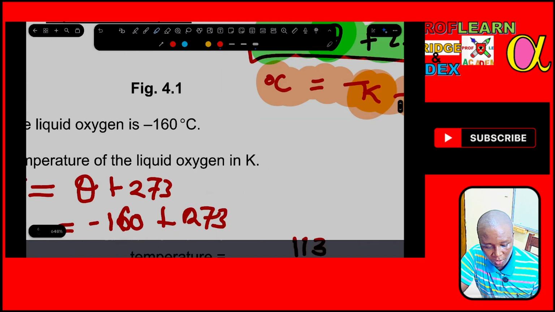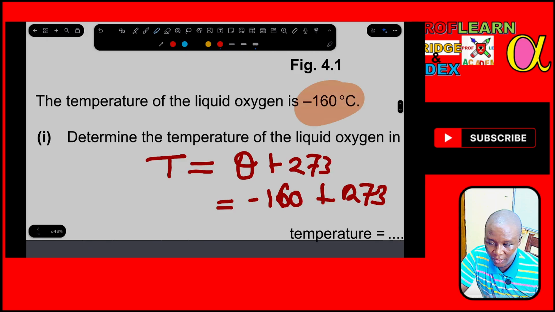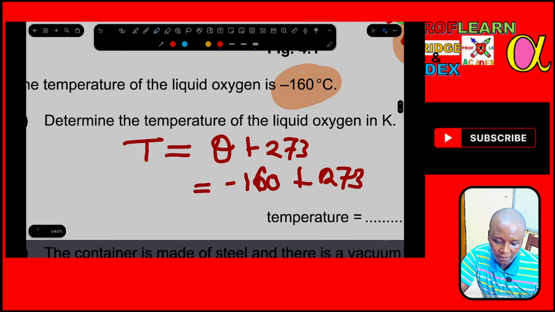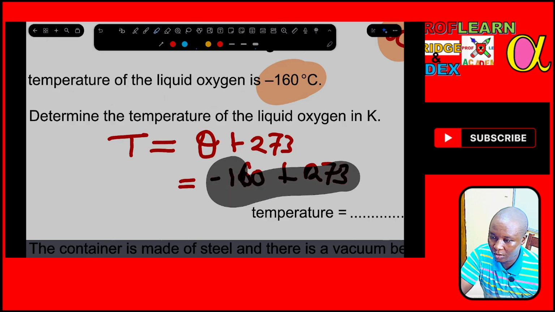So in this question, candidates were given a temperature of negative 60 and asked to determine the temperature in Kelvin. It will be negative 60 plus 273.